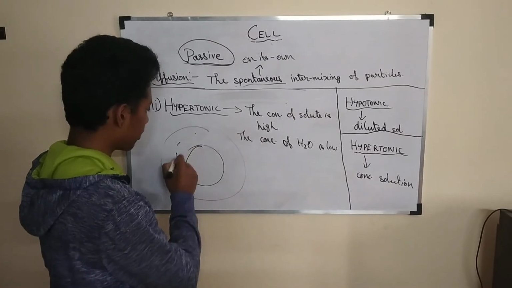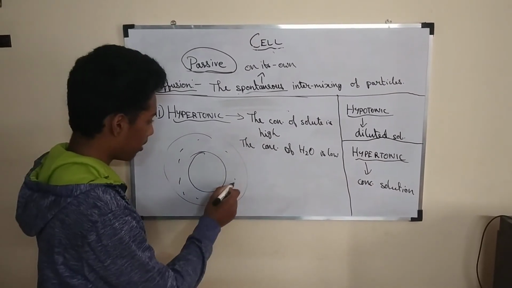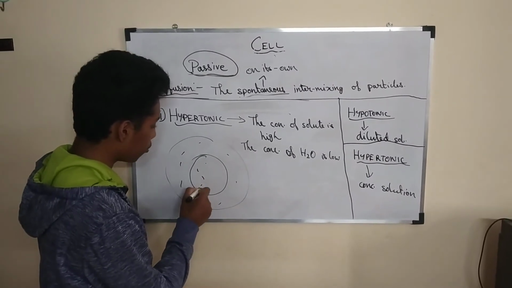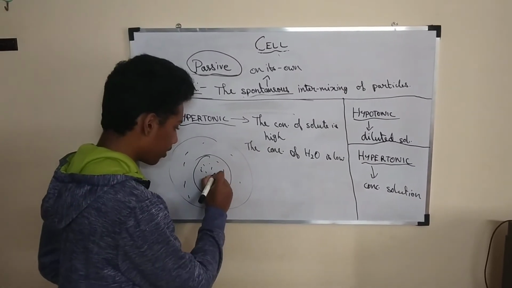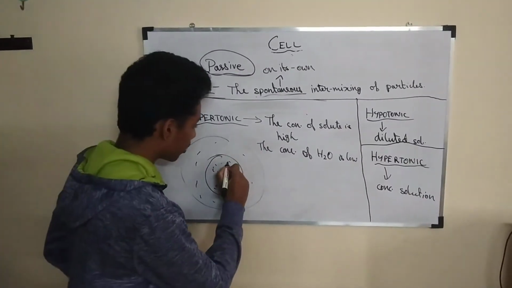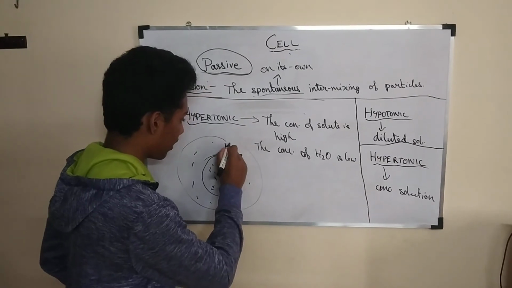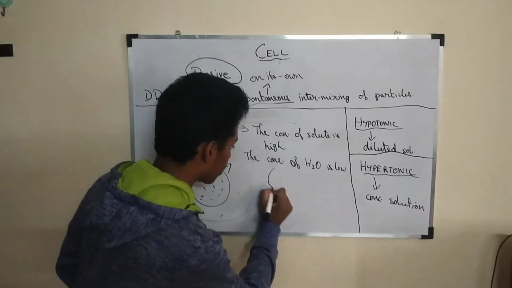So the concentration of H2O outside is low, and the cell would have a high concentration of H2O. So the H2O molecules inside the cell will go to the outside of the cell. Again, this process which we have discussed is known as exosmosis.